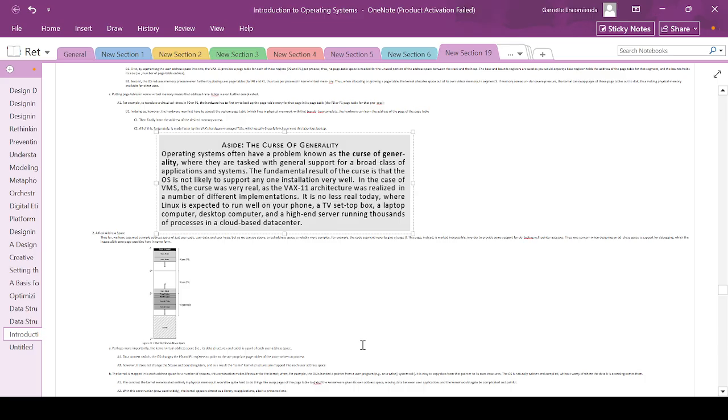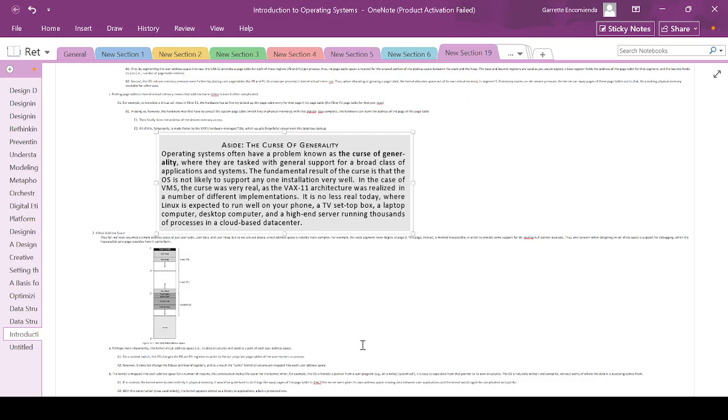Aside: the curse of generality. Operating systems often have a problem known as the curse of generality, where they are tasked with general support for a broad class of applications and systems. The fundamental result of the curse is that the OS is not likely to support any one installation very well.